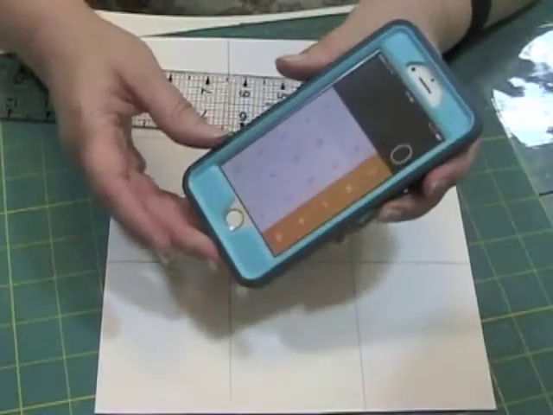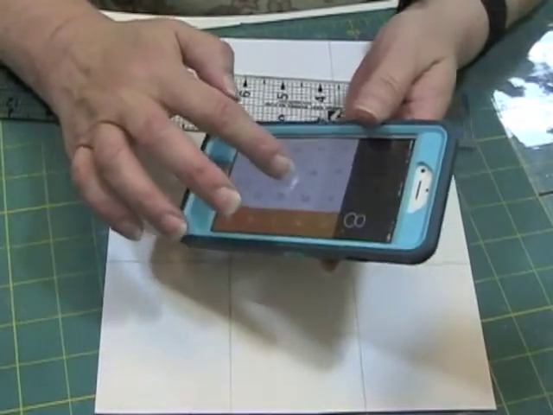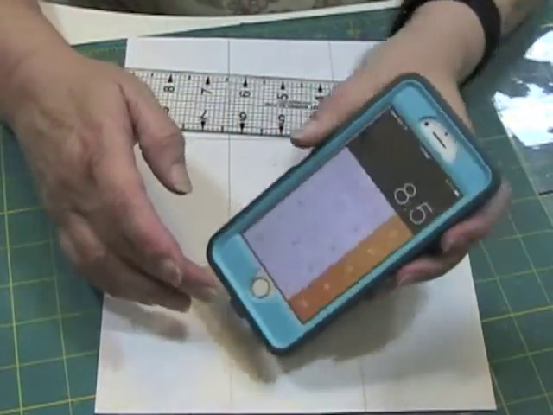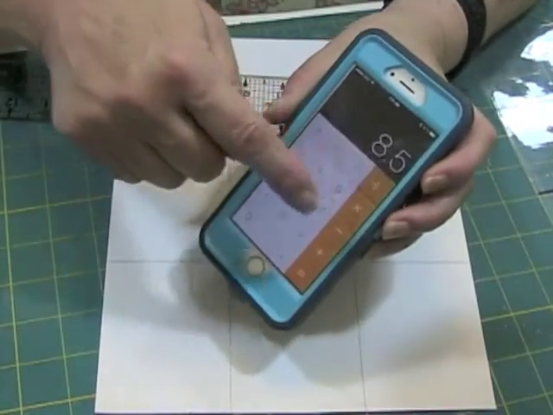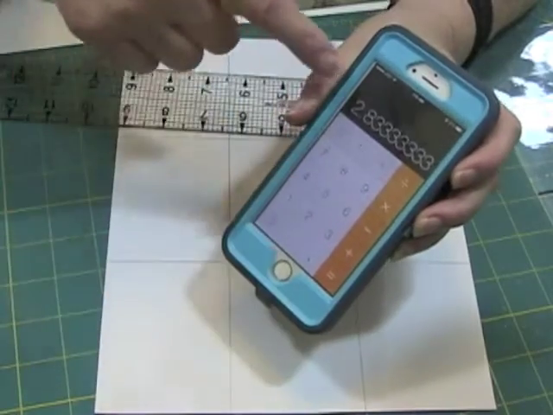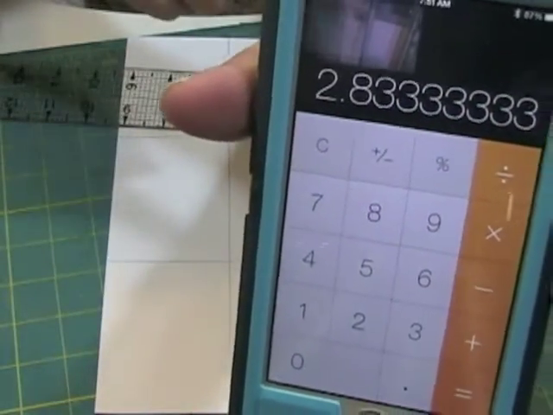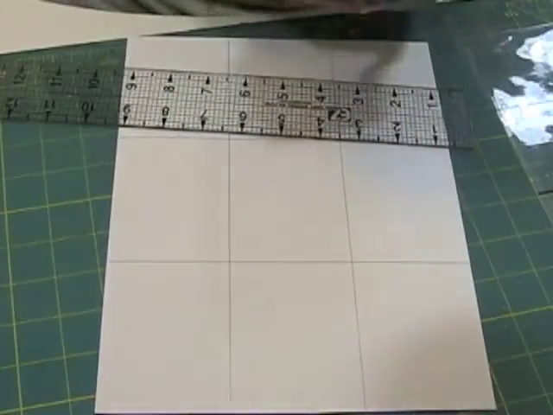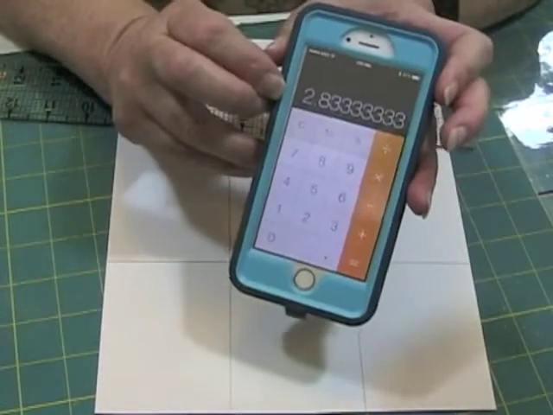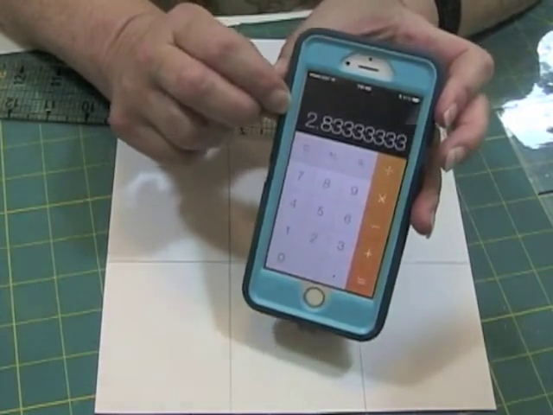I used my calculator and did 8.5 divided by 3 equals, and it's 2.83 forever. So the equivalent of 2.83 is that it's larger than 2 3/4 inches.